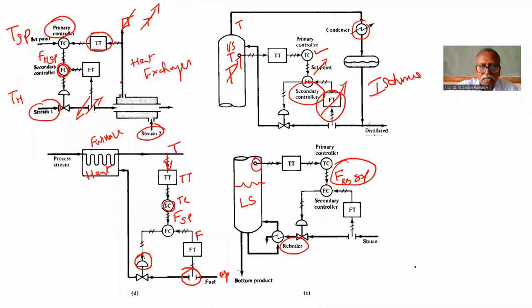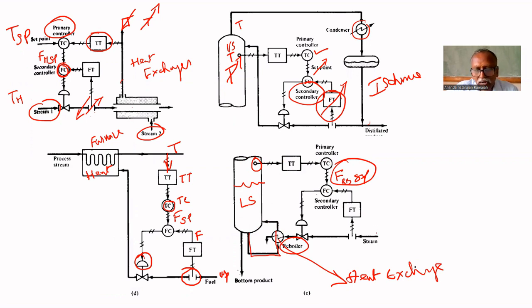What is happening here? The temperature is measured here. That will give a set point to that reboiler. Reboiler means the liquid in the bottom will be circulated through this heat exchanger. Reboiler is nothing but a heat exchanger. Already we have seen a heat exchanger. That will change the temperature of the liquid. That is called a reboiler.